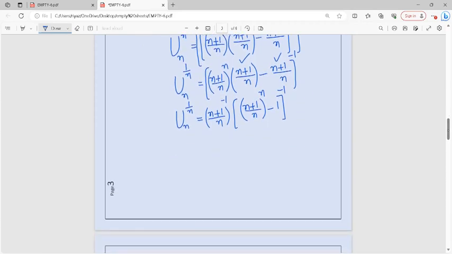See here, u_n is equal to, what we have done in the previous problem.